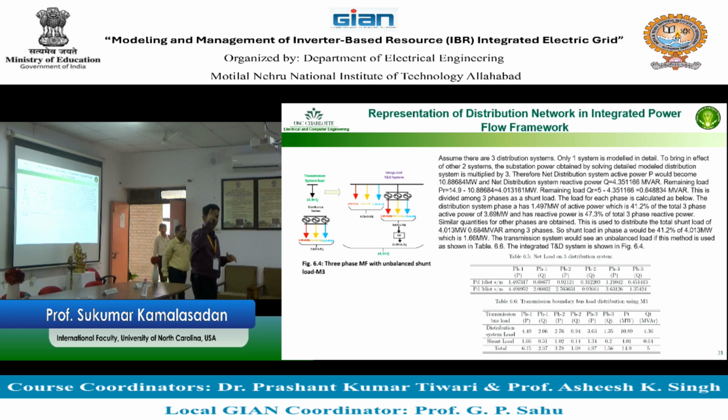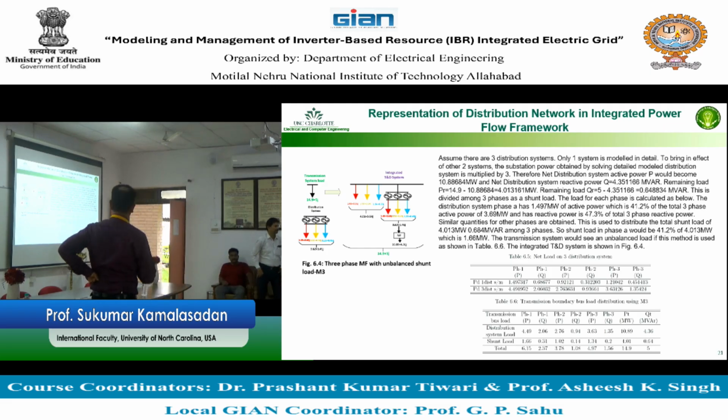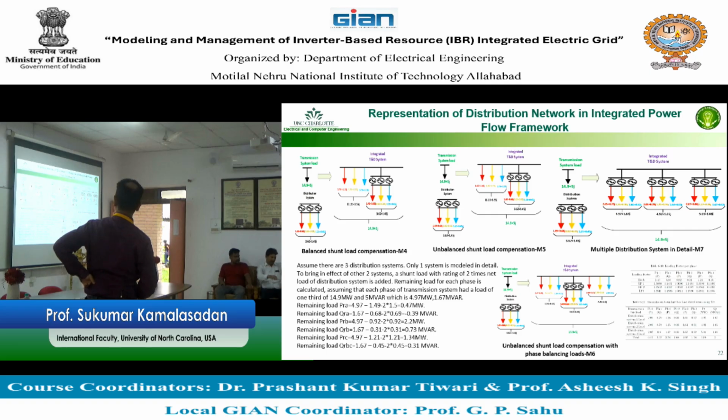In none of these cases are you putting the full distribution system. You're putting only one aggregated distribution system, and then you can do the whole thing again with the whole distribution system connected. So you have more options. You can repeat this with the whole distribution system. These are cases 4, 5, 6, 7, which I'm not going to go into in detail.